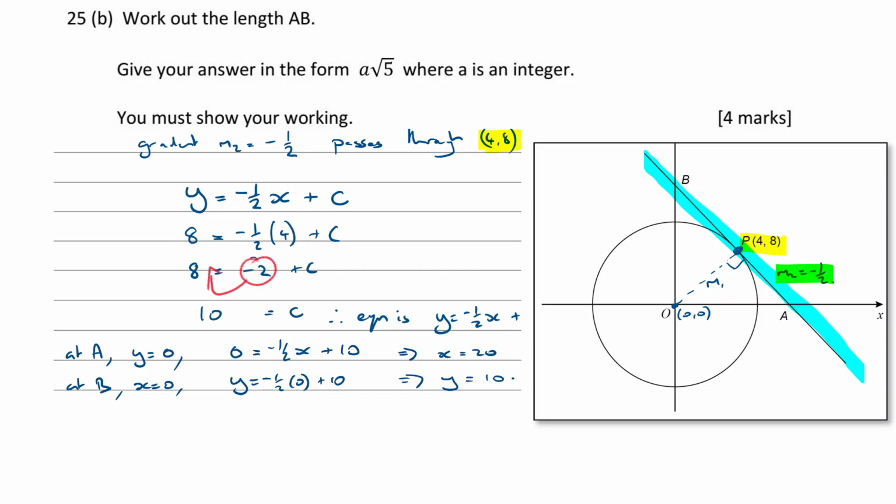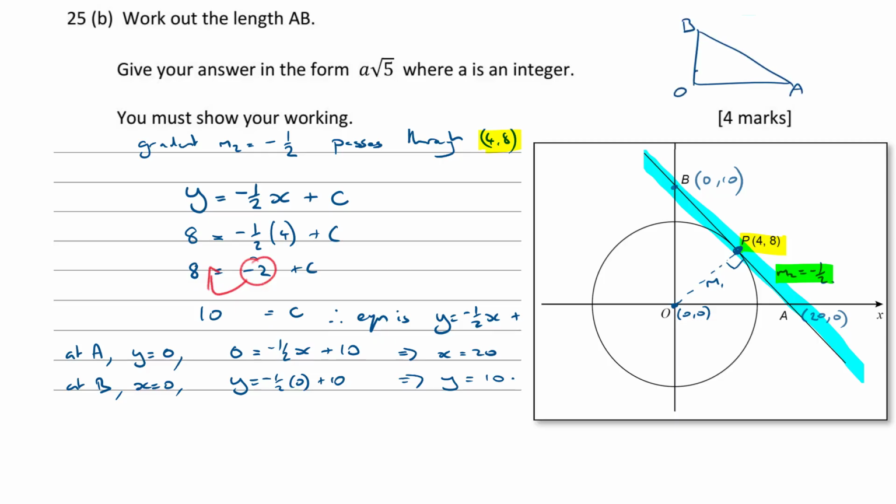Okay, so coming back to our diagram, we now know that that's the point 20, 0, and we know that that point up there is the point 0, 10. Okay, so taking out the triangle BOA, let's just draw it here because it's getting a bit crowded up here.